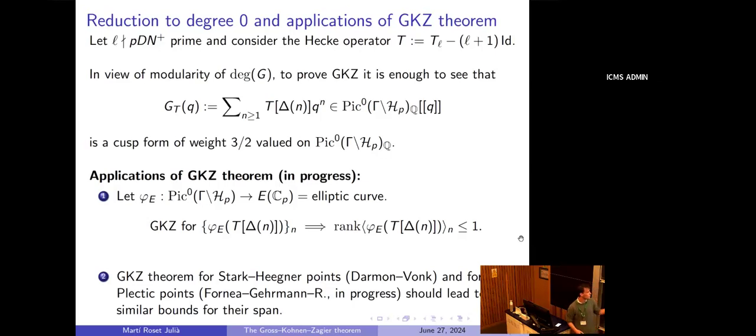Or even one could expect a Gross-Kohnen-Zagier theorem for plectic points, this work of Fornea and Gehrmann, and we're actually working on this. And in that case, we have no idea about the algebraicity, but it's maybe optimistic, but possible to expect that the Gross-Kohnen-Zagier theorem of this style could give us some hope about the bound of the span of these points, and therefore some more evidence towards they are the right thing to consider.